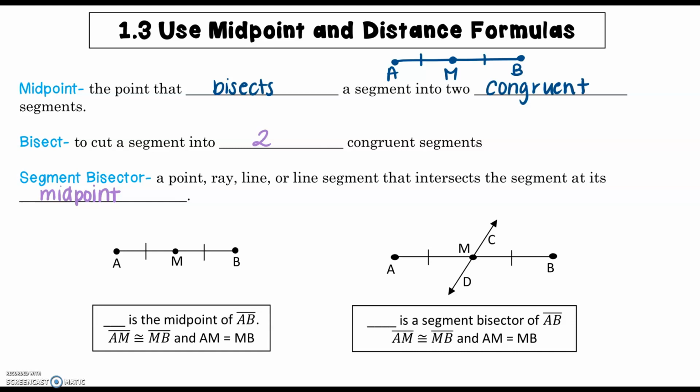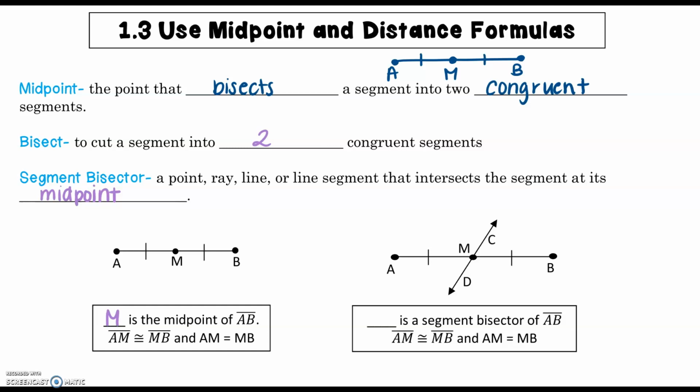So here, if we take a look at segment AB, we can say that M is the midpoint of AB. So segment AM is congruent to segment MB, and the length of AM is equal to the length of MB.